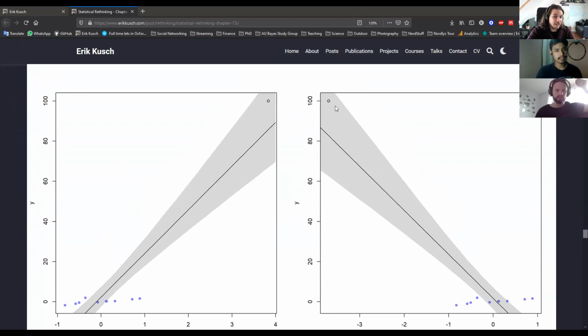Or we could have our data point flip to the other side and everything could be fine and dandy with the data that we have, because all of this still fits the regression line just as well as it does in the left-hand plot. And that's the danger, at least that's the takeaway for me with this imputation.